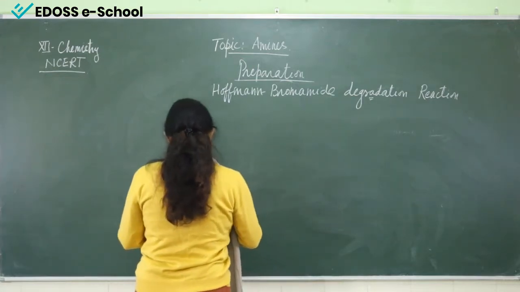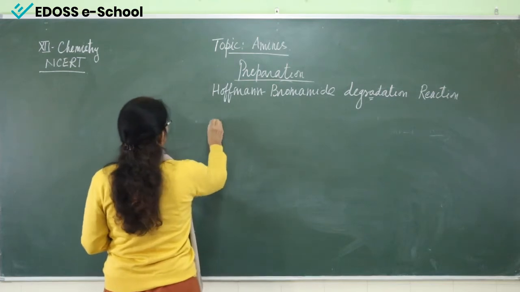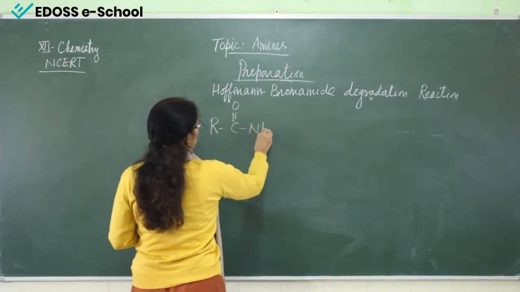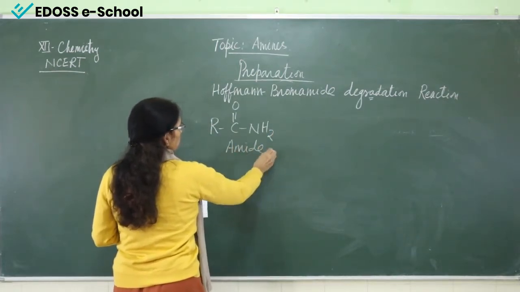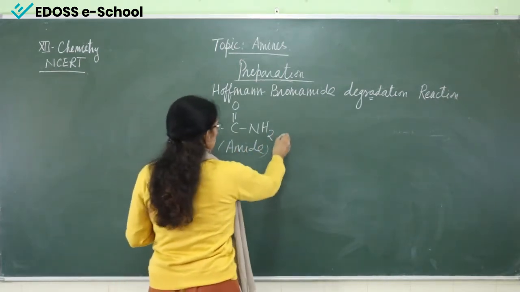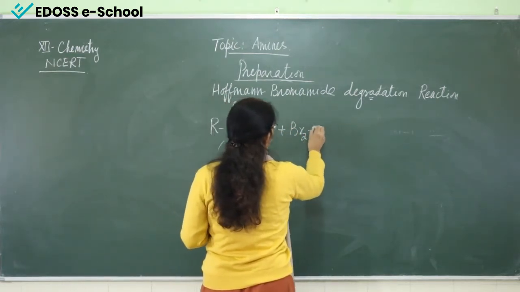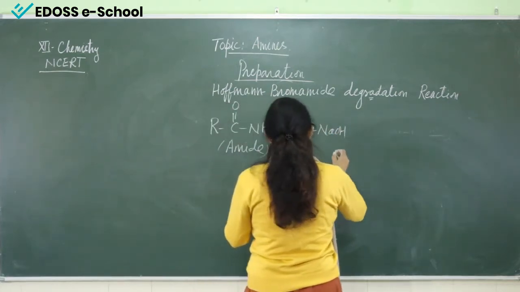So see the reaction. Here again we will take an amide, RCONH2, reacted with bromine, water plus NaOH, sodium hydroxide.